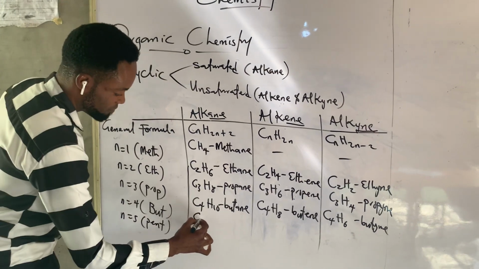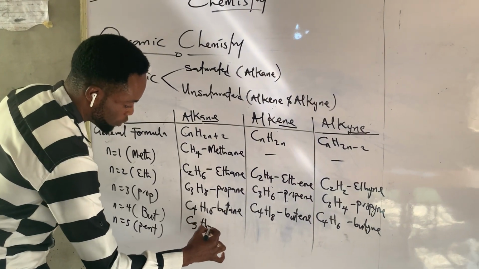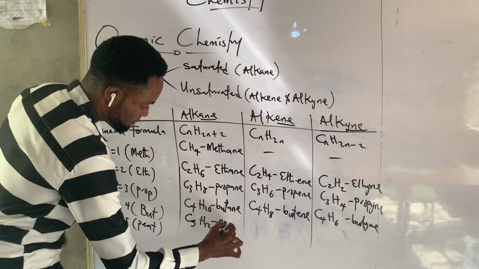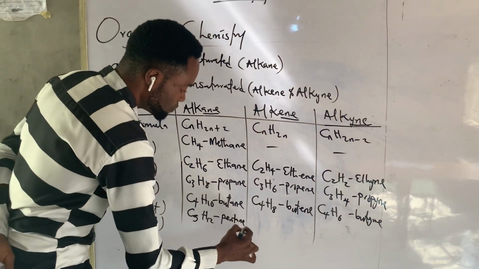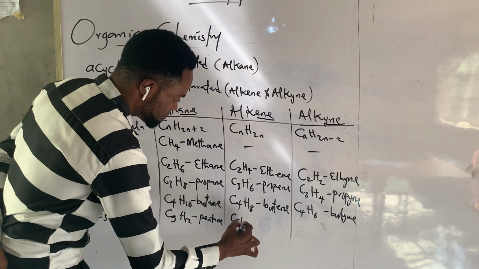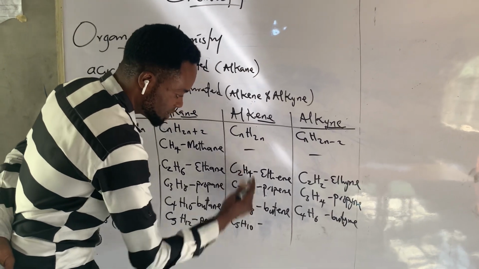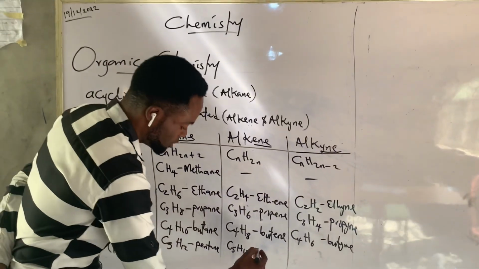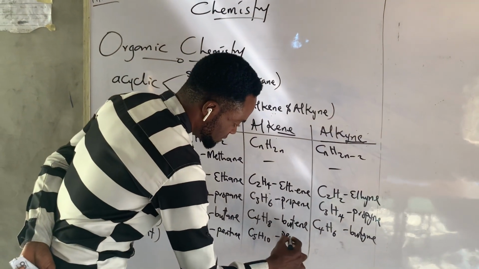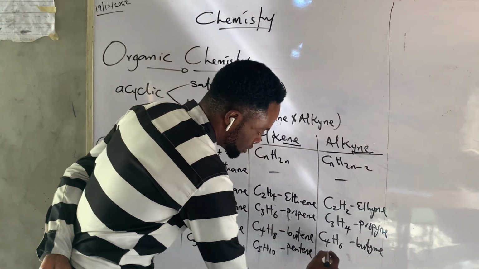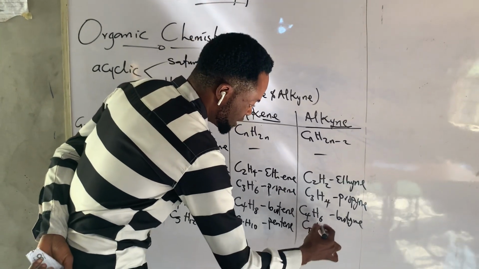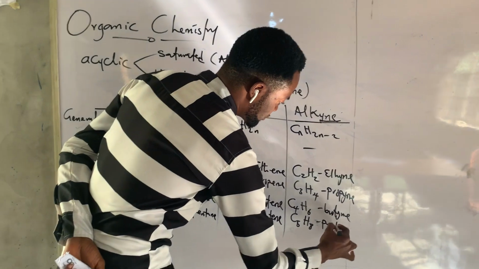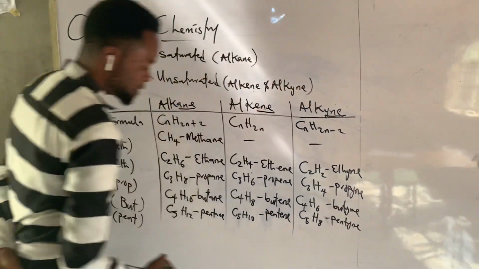Here we have C5H12, the difference is 2. That is going to be pentane. We have C5H10, the same thing with a difference of 2 hydrogen because they are a homologous series. So we have pentene, and C5H8, pentyne. Good, we are doing well.